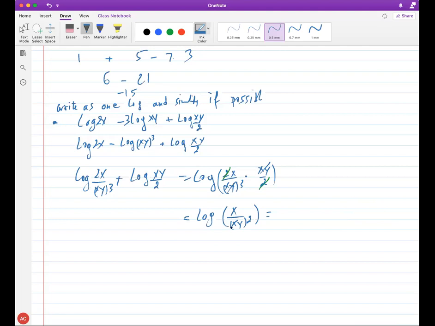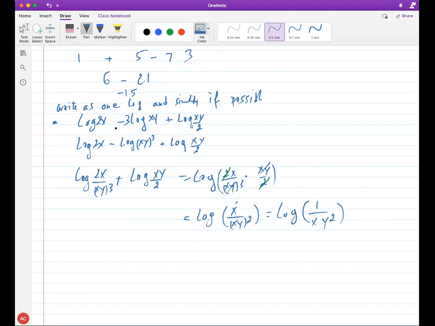Well, right, the 2 x's together. So we have x to the first here. This x has power 2, so we cancel one of them. We can end up with log of just x and y squared. So the y stays with power 2, but the x has power 2 and one of the x's cancels against 1, so we have just x to the first left. The power 2 now is only for the y.